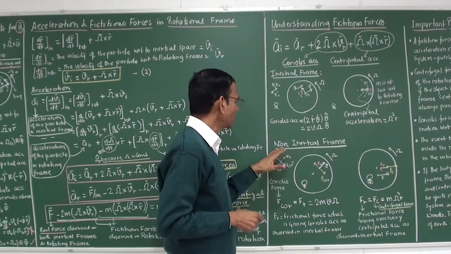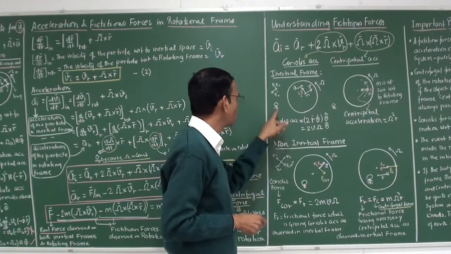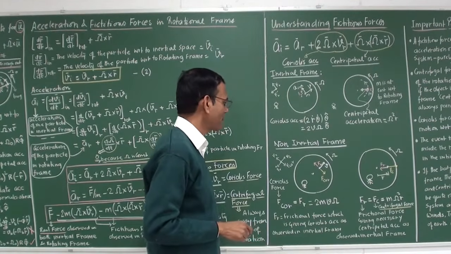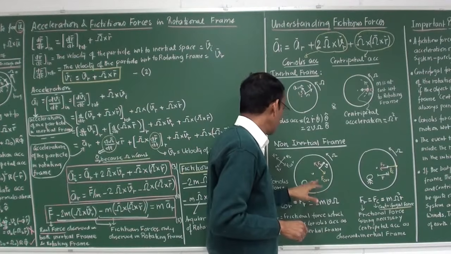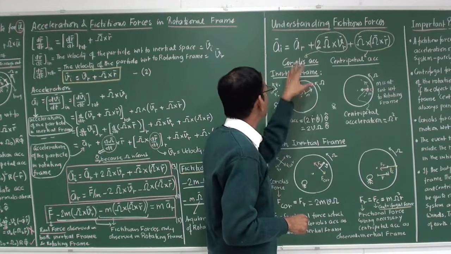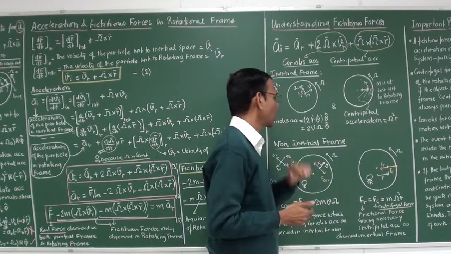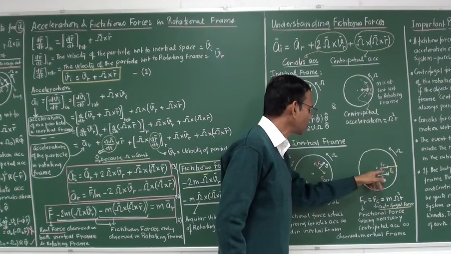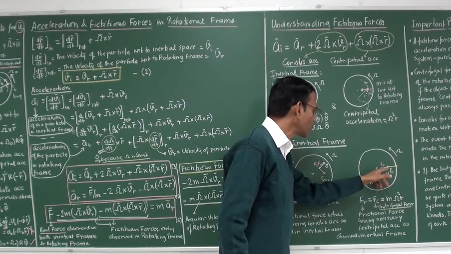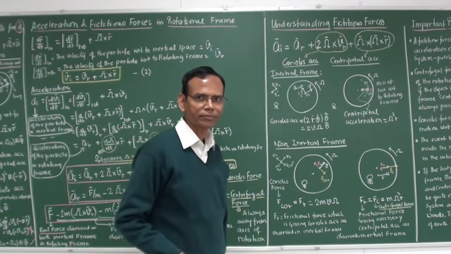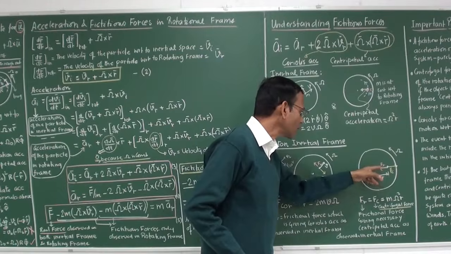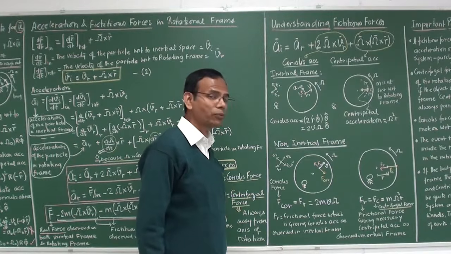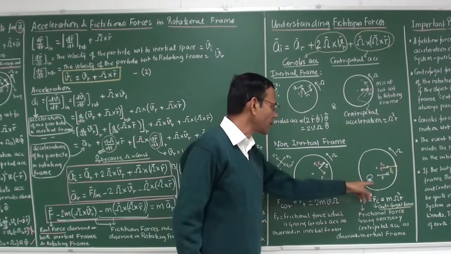Now you see, in the non-inertial frame, the observer is inside the frame. This is the Coriolis acceleration part, and this is the centripetal part. Here this man will observe the coin or the body at rest. But there is a real force Fr which was giving the centripetal acceleration. That force is real, and he cannot neglect it.